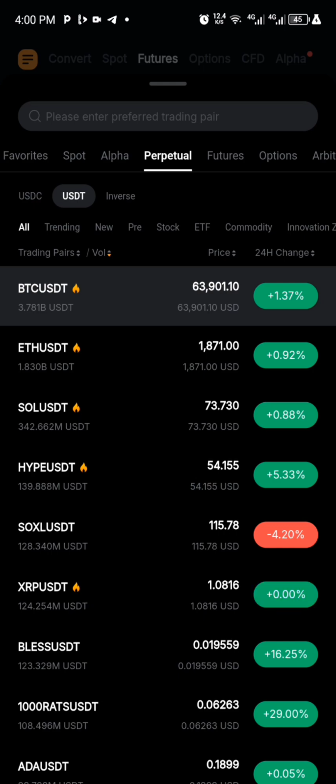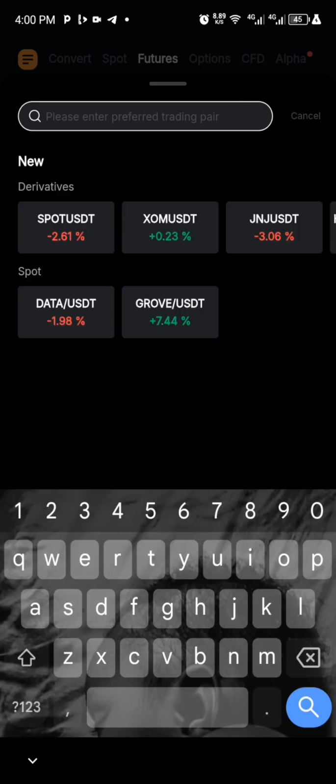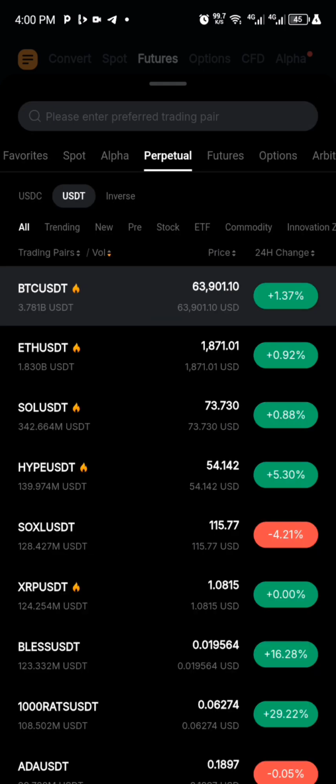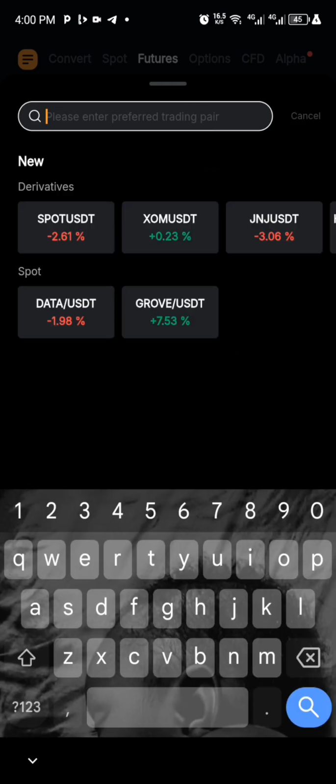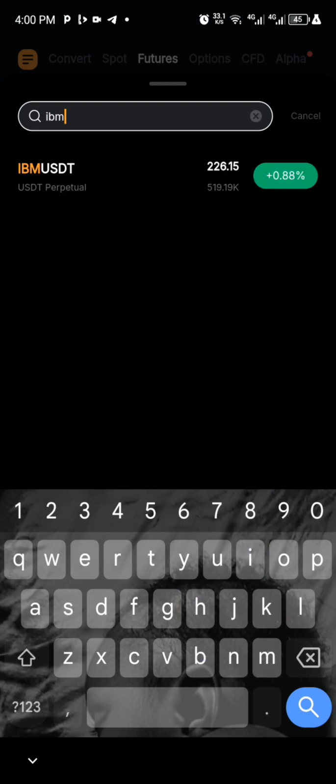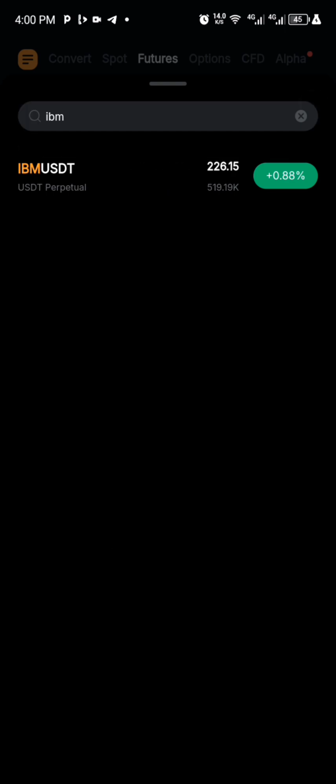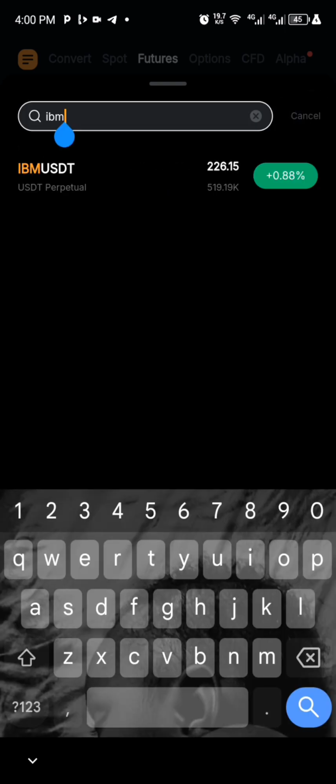So for instance, let's say we're asked to trade IBM stock. All you need to do is to write IBM, and as you can see, IBM has come out. One thing you have to take note of is that the name of the futures pair is USDT perpetual.